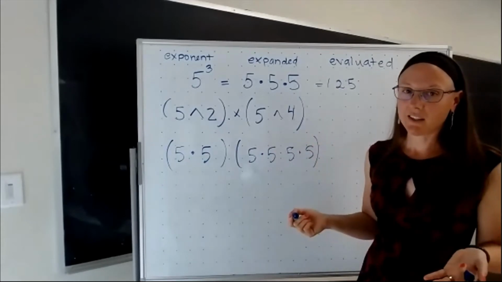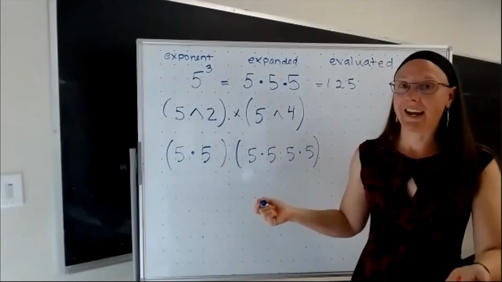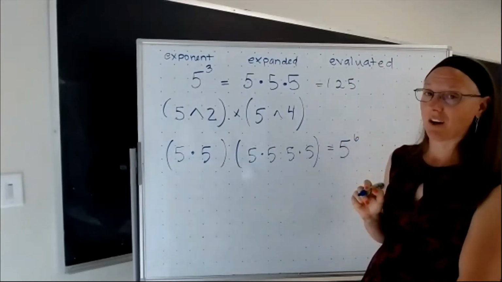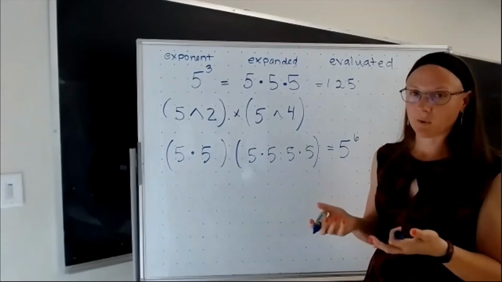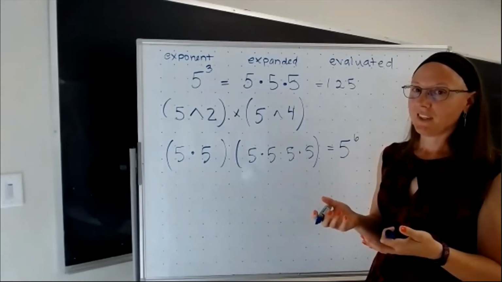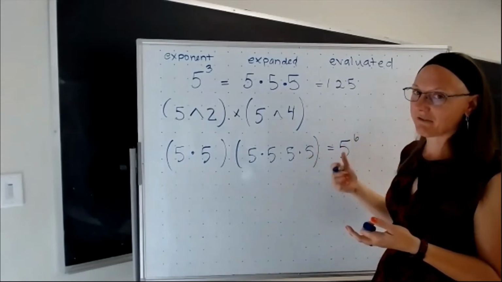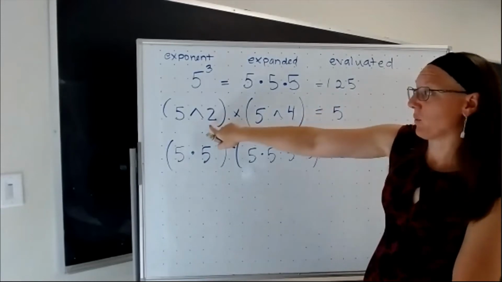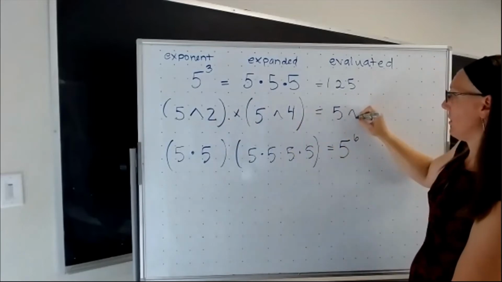Well, at the end of the day, how many 5s do I have? I have 6 of them. So that's the same as 5 raised to the 6th power. What the additive law of exponents says is the shortcut way to get to the 5 to the 6th would be to say that this is 5 raised to the 2 plus 4.